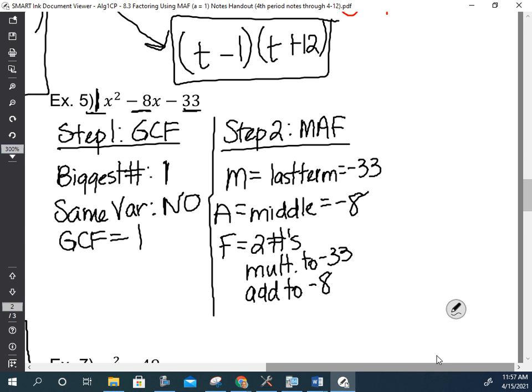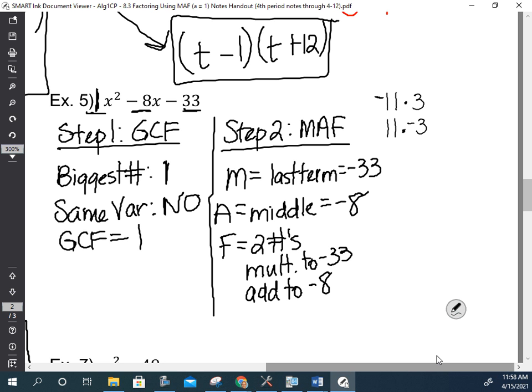So let's start with 33. What are all the ways I can multiply to 33? There's only two ways to multiply to 33. So you've got 11 times 3. Since you need a negative 33, either the 11 has to be negative or the 3 has to be negative.